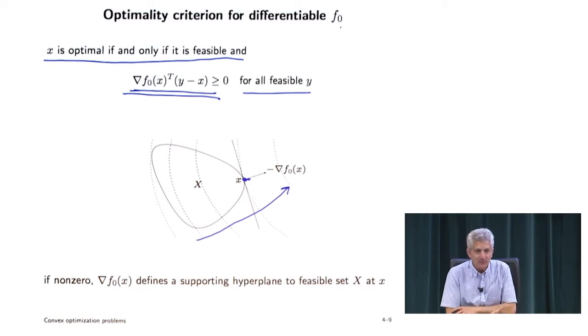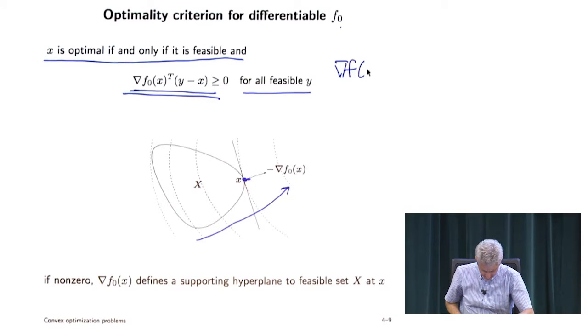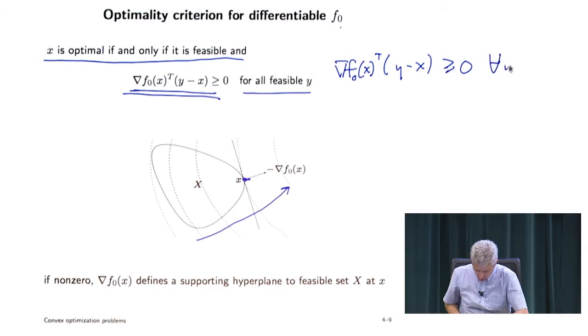Like, for example, let's do the case where it's unconstrained. There are no constraints, so all feasible y just means all y. Under what conditions would it be true that the gradient of f0 of x transpose y minus x would be bigger than 0 for all y?